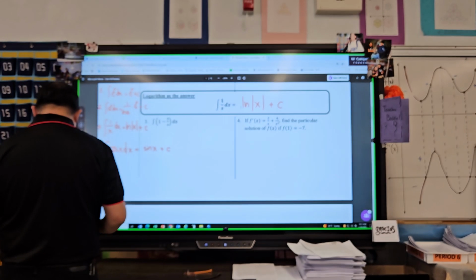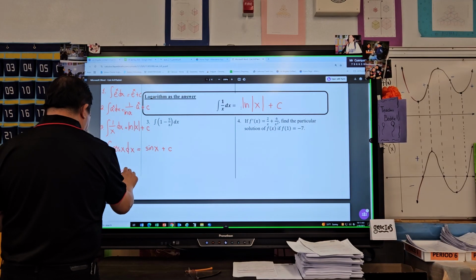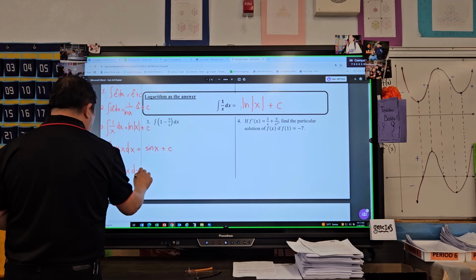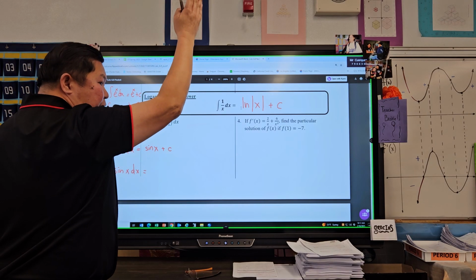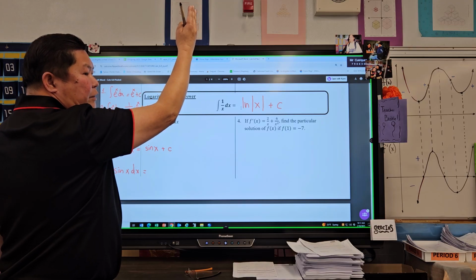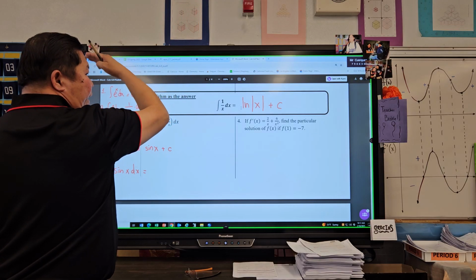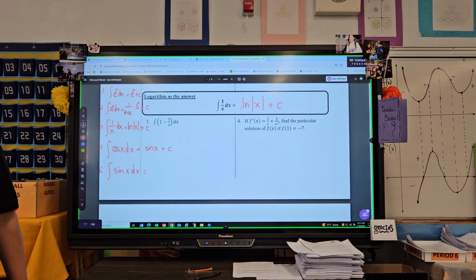Formula number 5. The integral of sine x dx. So sine is 90 degrees, right? So for the antiderivative, go in the counterclockwise direction. What is that? Negative cosine, right?